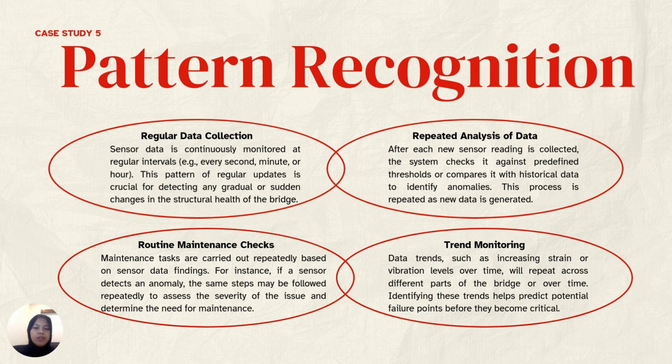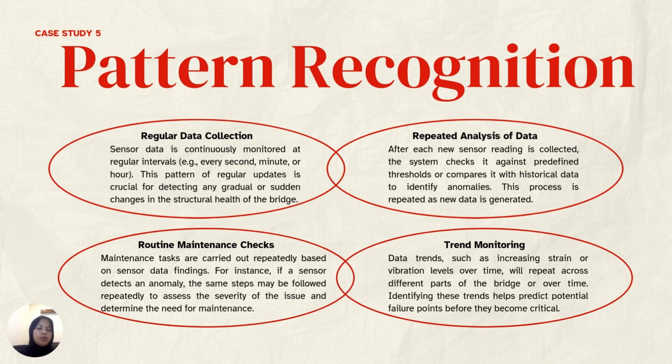So the pattern recognition for this study is: 1. Regular data collection. Sensor data is continuously monitored at regular intervals. This pattern of regular updates is crucial for detecting any gradual or sudden changes in the structural health of the bridge.